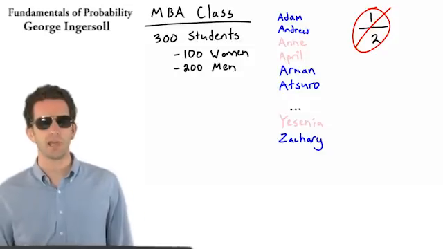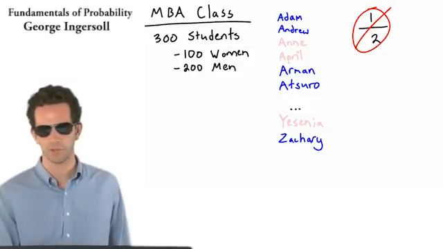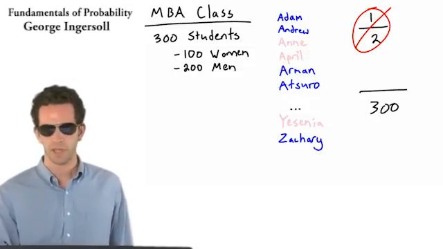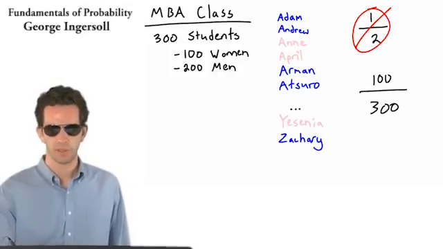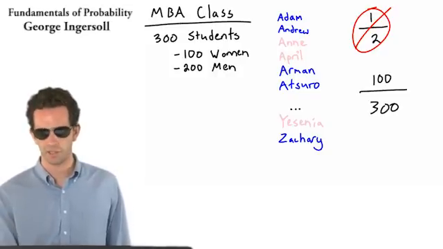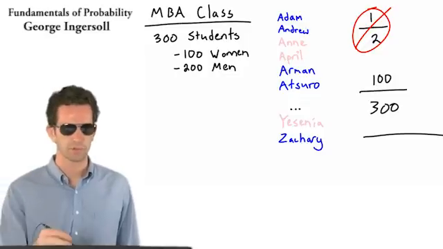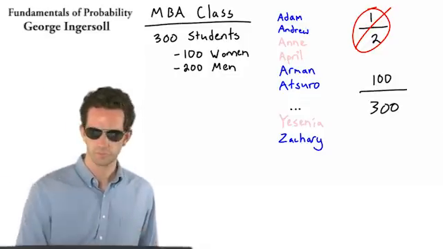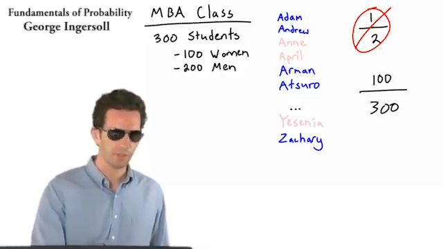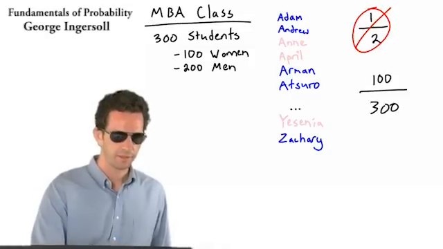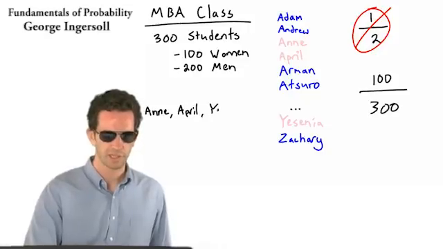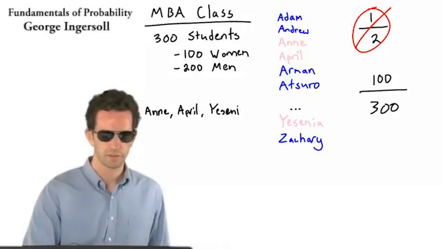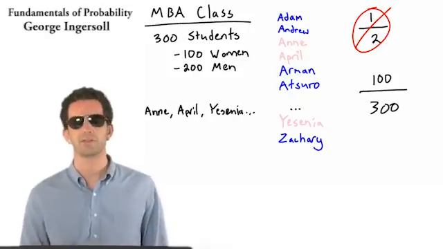Actually, what we have is 300 total possible outcomes. We could draw any one of those 300 names, and 100 of those names are women. And so what we're really saying here is, on top you have Anne, April, Yesenia, and 97 other names.